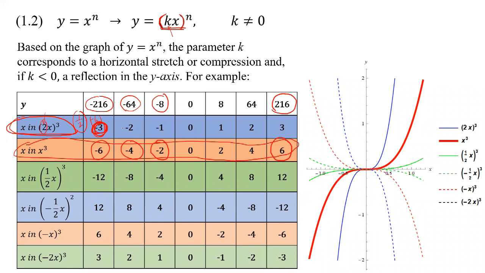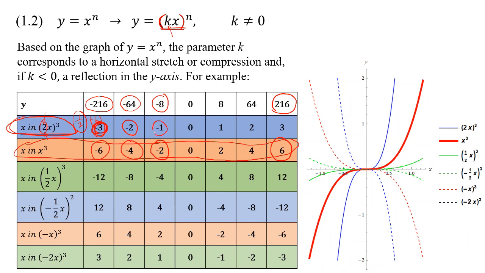Okay, following the same logic, if the y value is -64 and the original value of x is -4, the new function is enlarged by a factor of 2, so in order to keep y unchanged, the x in the new function must be 1/2 of the original value, which is -2.